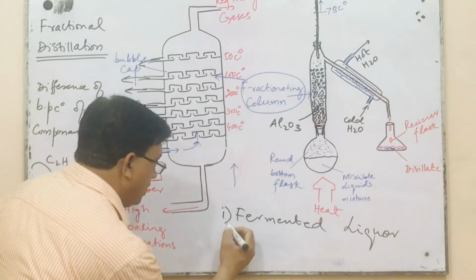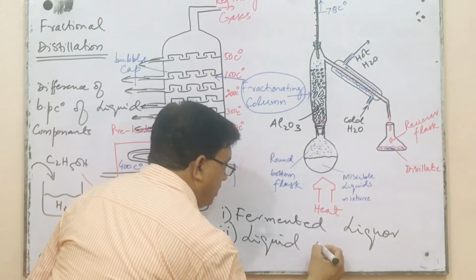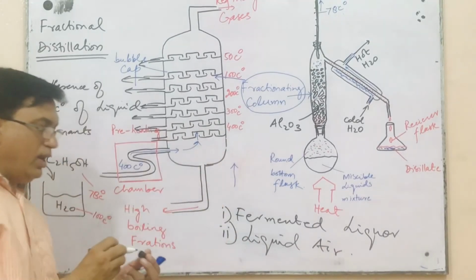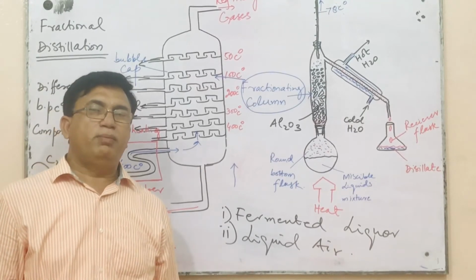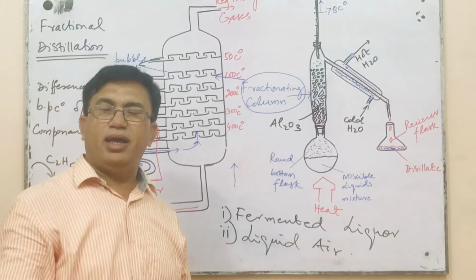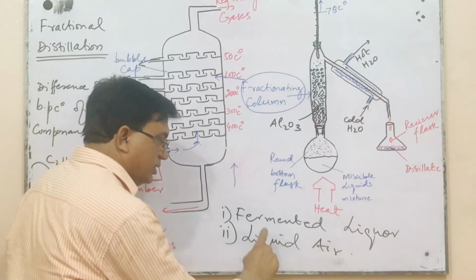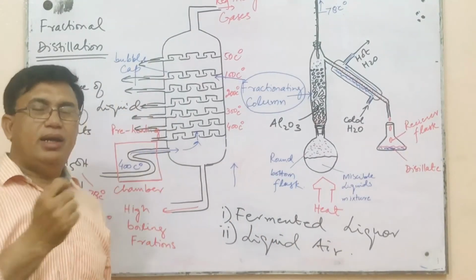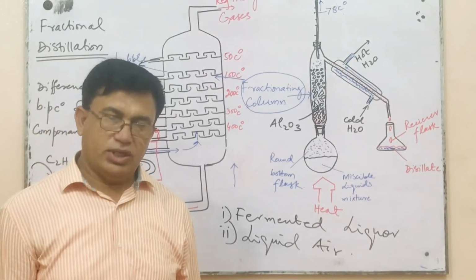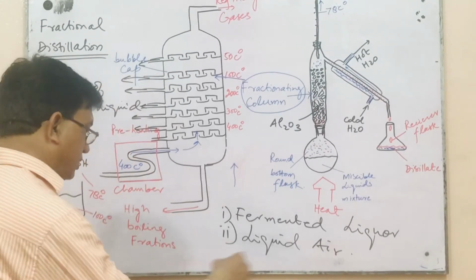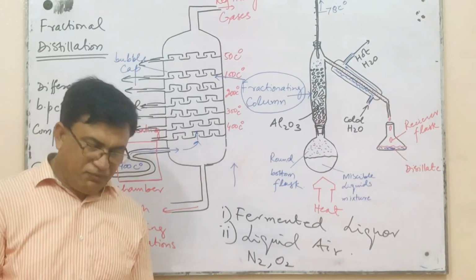Second is liquid air. Whenever we want to get nitrogen for the production of ammonia, especially in the Haber process, first of all, we take air and liquefy it by first removing water vapors and carbon dioxide. Then only two components, nitrogen and oxygen, are left.